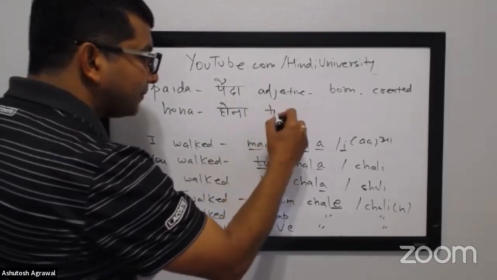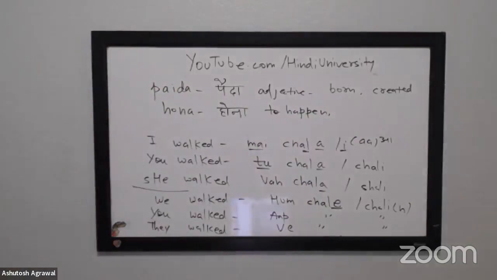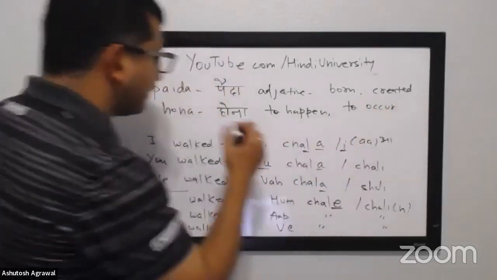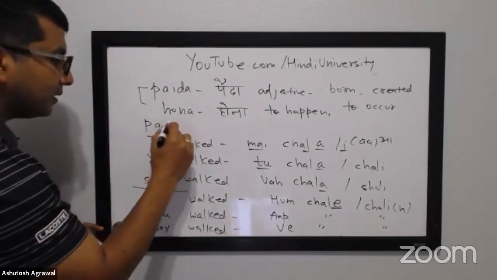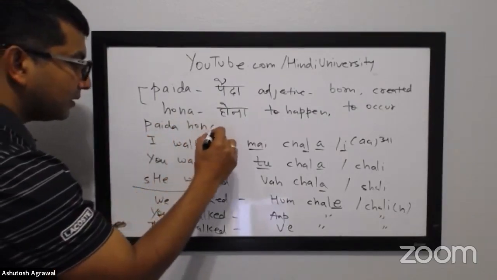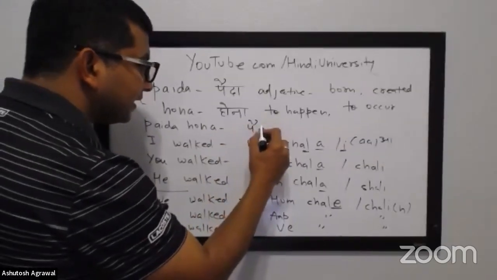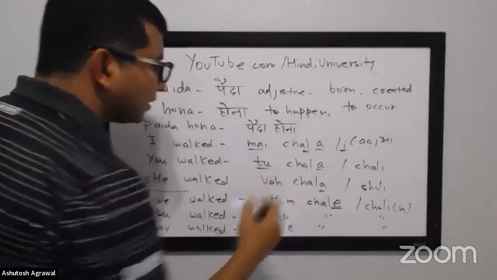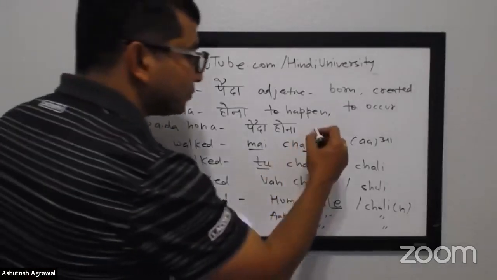Hona is to happen. Multiple meanings: to happen, to occur. But when you use them together, it becomes a word called paida hona. Paida hona. I'll write it in Devanagari as well. So you have pa with ai, da, paida hona. Which means to be born, created and produced.